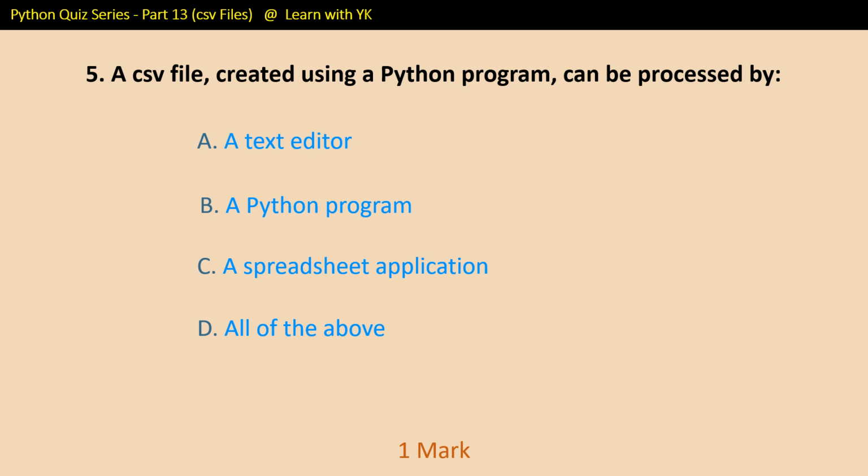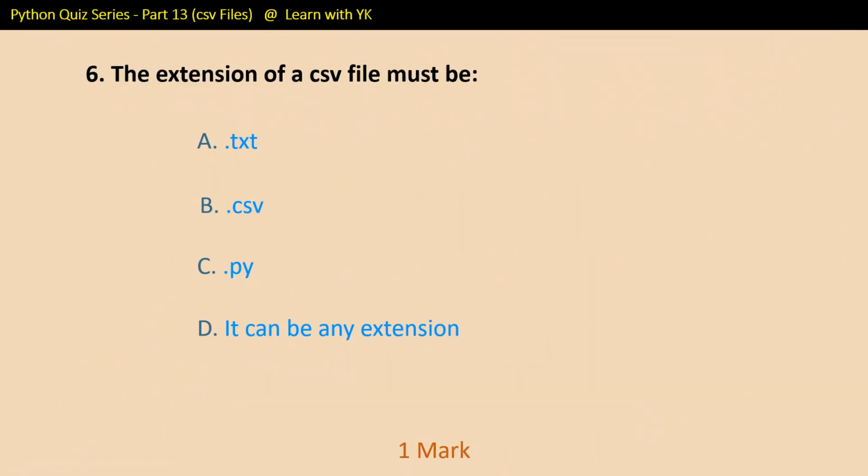And the correct option is again D. It can be processed by a text editor, a Python program, or any spreadsheet application. Question number 6. The extension of a CSV file must be .txt, .csv, .py, or can it be any extension? And yes, the correct option is D. It can be any extension.